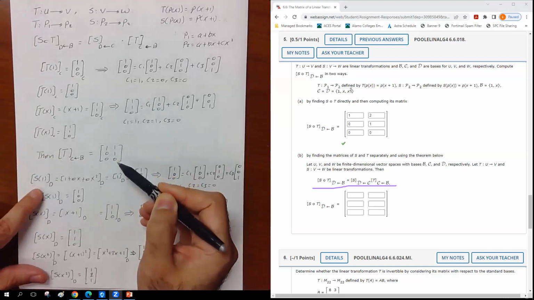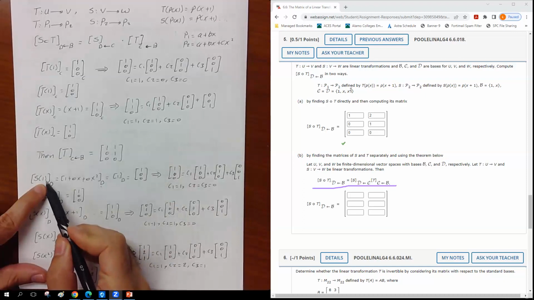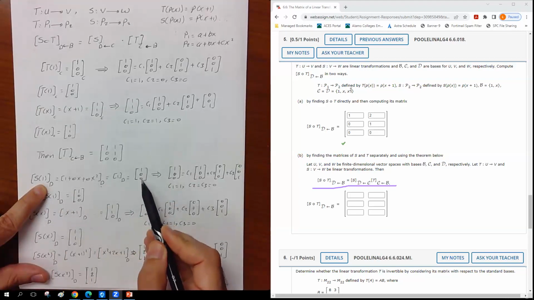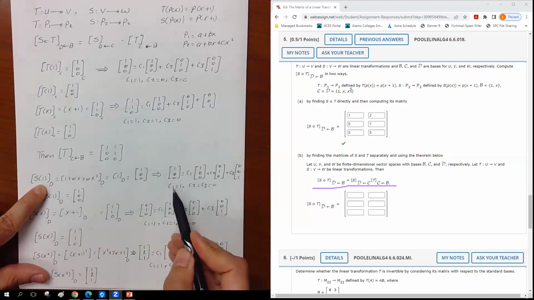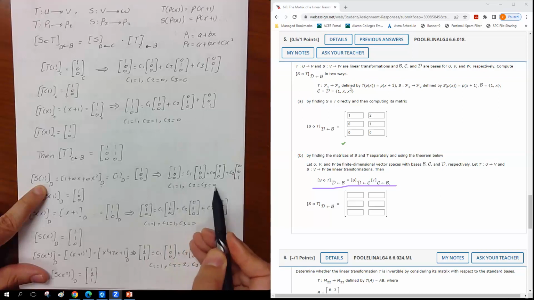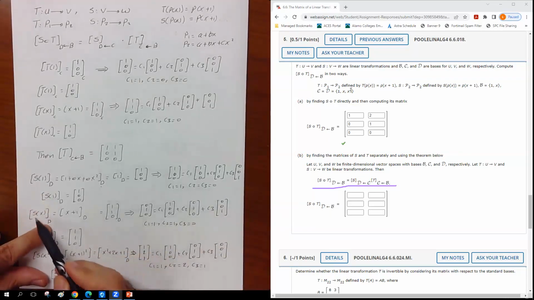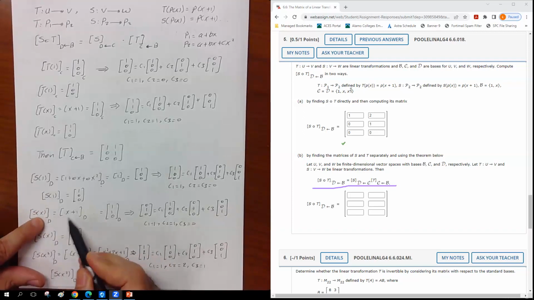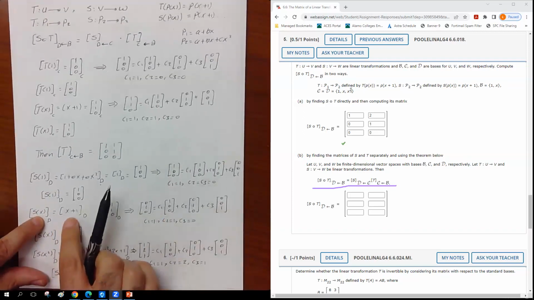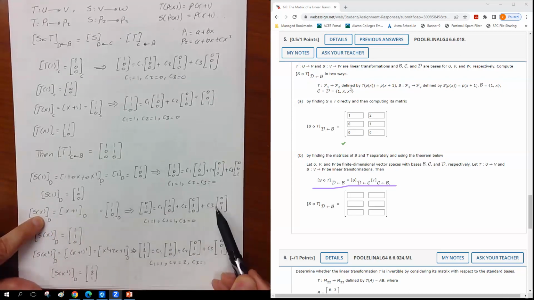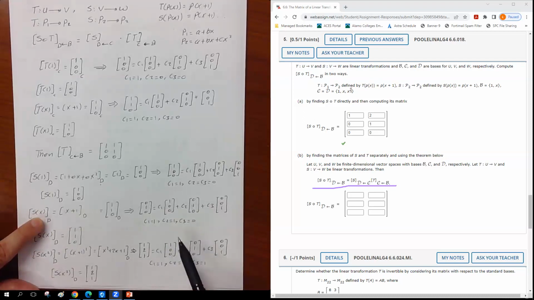Now the transformation S from the base C, the first element is 1. So it's going to be the same thing, 1, 0, 0. Write down as a linear combination, we're going to get C1 equals 1 and C2, C3 equal 0. So the first column is going to be 1, 0, 0. And for the X, with respect to the base D, it's going to be X plus 1. So it's going to be 1, 1, 0. Write down the linear combination. We get C1, C2 equal 1, and C3 equals 0.